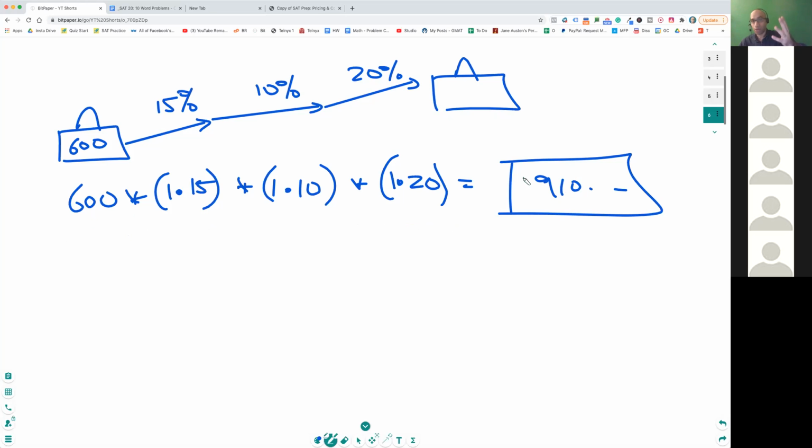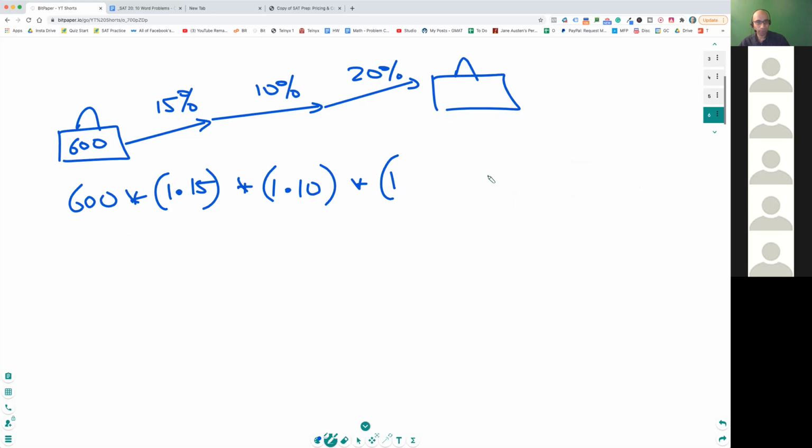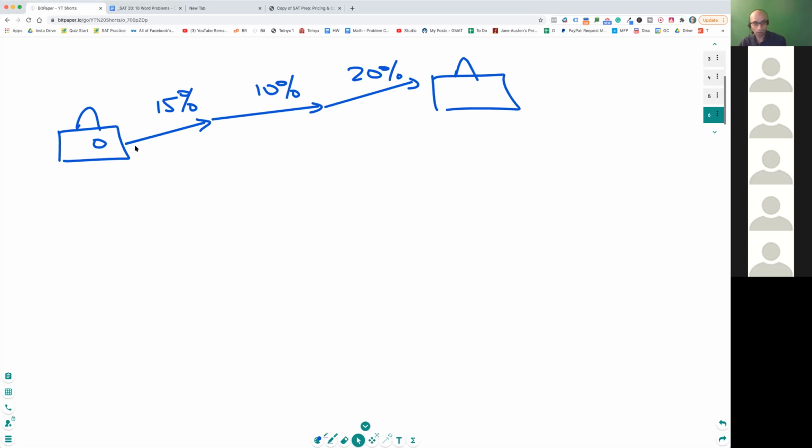Now the still more complicated problem, and this is the last one we're going to do of this type, is they might not give you this. They might give you this one here. They might give you 800, and let's say this comes to 920.